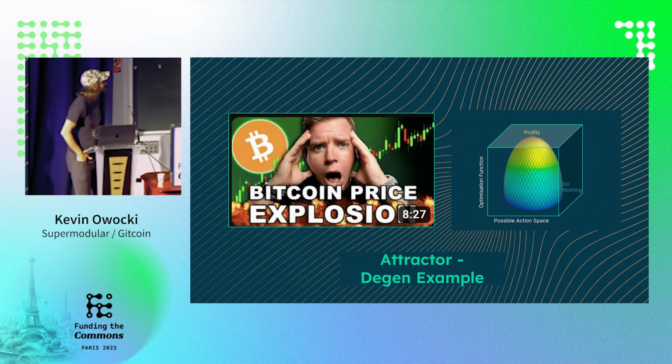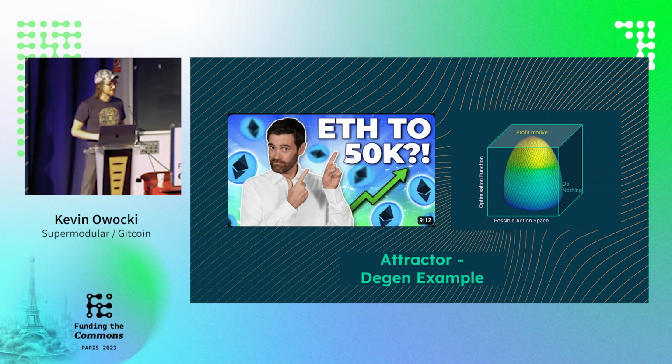A more degen example of an attractor is maybe people who are surfing YouTube and have a profit motive, and they see this video that looks very clickbaity, Bitcoin price explosion, which I find to be pretty funny, because YouTube is covered with these clickbaity YouTube videos that are attractors for people who have a profit motive, and people are pulled into crypto by this profit motive.